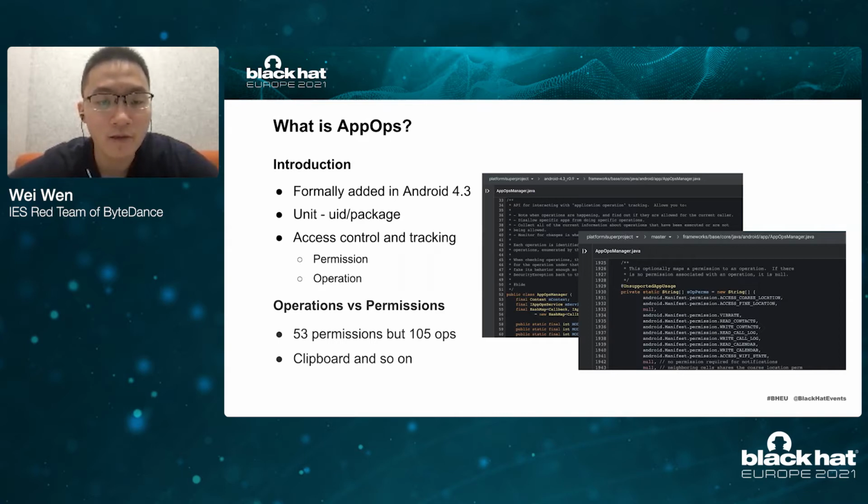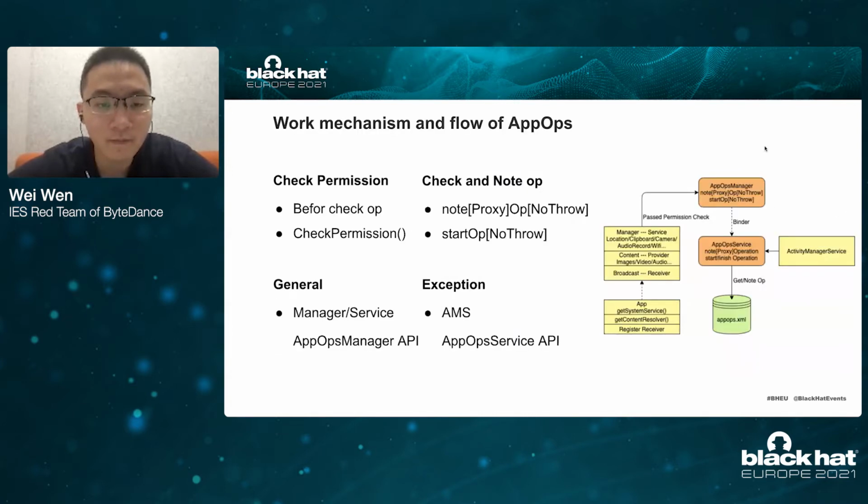But is AppOps completely independent from permissions in Android behavior control? The answer is no. Let's take a look at the workflow behind the Android system. When a system action is triggered, Android uses Binder as the main IPC method.